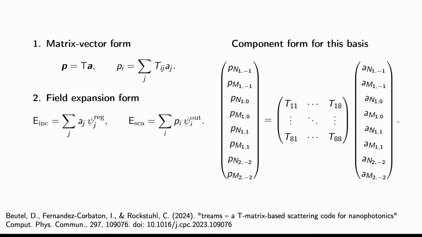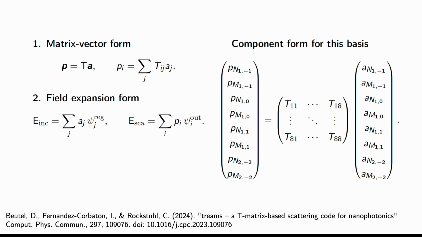The T-matrix is a way to describe the response of an object to any possible incident field by knowing its responses to a set of basis functions. In the case of compact objects, these basis functions are vector spherical waves, or multipoles. Any incident field can be written as a decomposition over this basis, with coefficients denoted here as A.